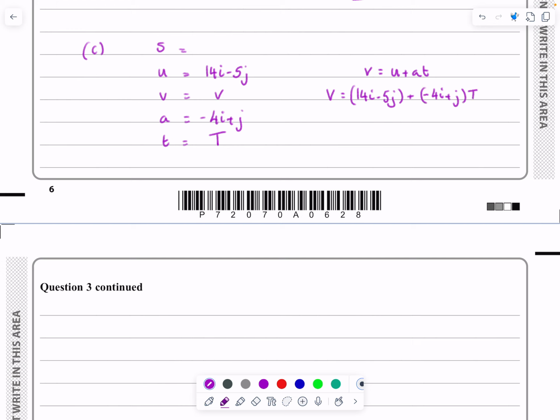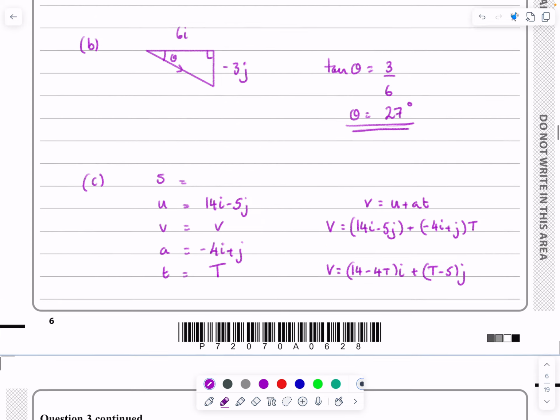What I can do with that is get that in terms of t, just for i's and for j's. I've got 14i there, and I've got minus 4ti, with those bits combined. So for the i, I've got 14 minus 4t i, and for the j's, similarly, I'll have t minus 5 j. Now, how does that help me?